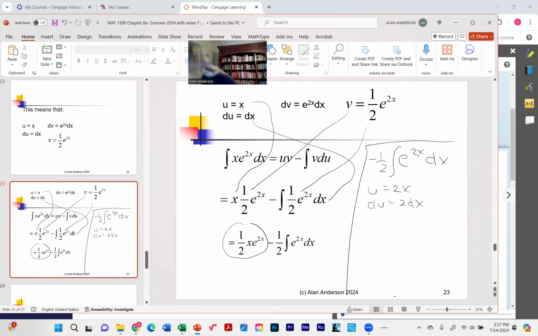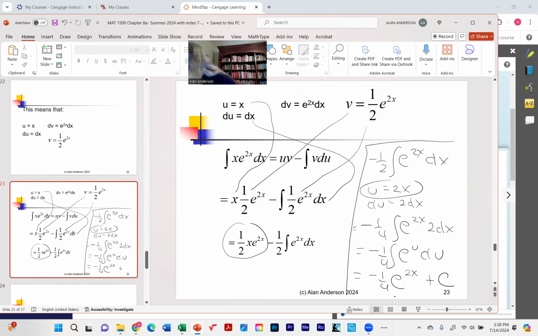So we'll multiply and divide. This becomes -1/4 integral e to the u du. And here the u is 2x. Okay, so that gets plugged in over here.